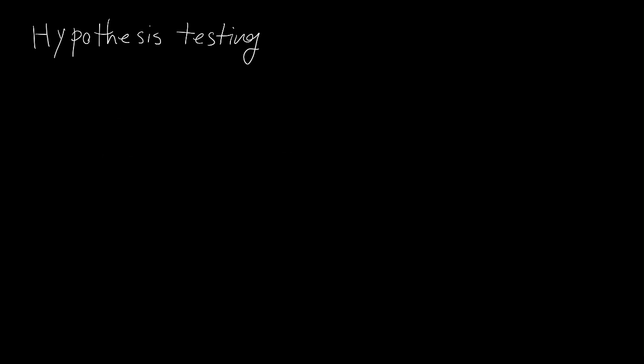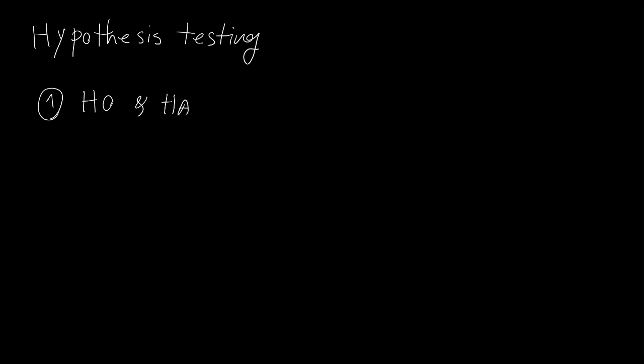The next thing is hypothesis testing. This is the last major part of chapter 9. For a hypothesis test, there are several steps. The first step is to state the null and alternative hypothesis. So we need to state H0 and HA.